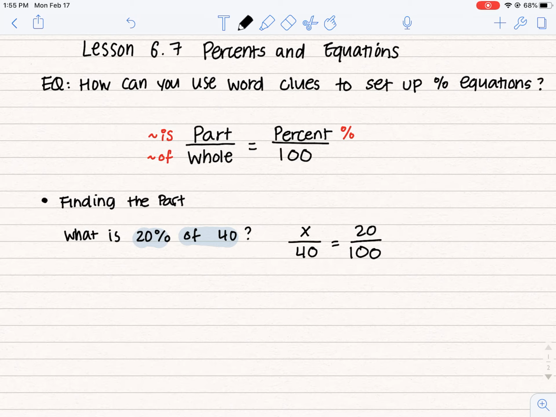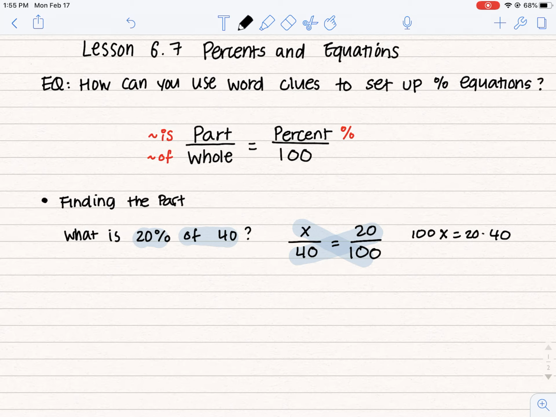Okay. After you have that, all you have to do is the cross multiplication, like the butterfly effect. You're going to do 100 times x equals 20 times 40.